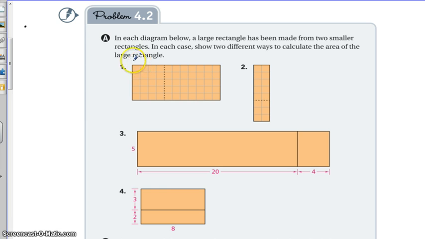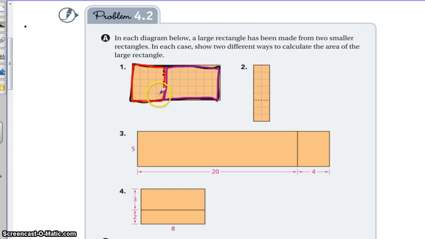So right here I have a large rectangle, and then on this dotted line it's cut into two smaller ones, this one here plus this purple one.